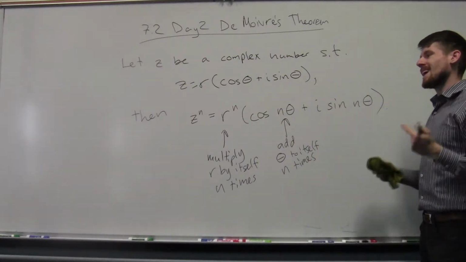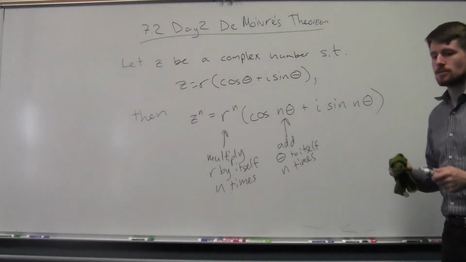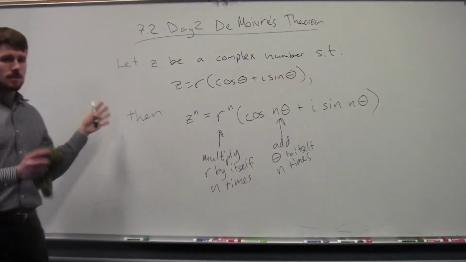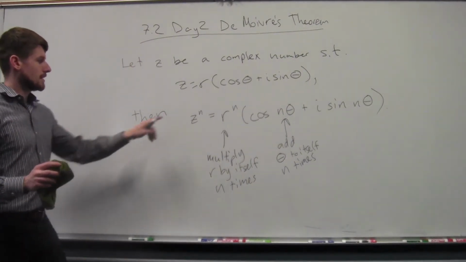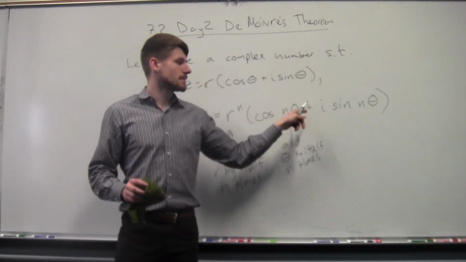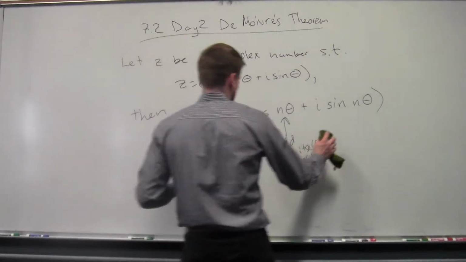But we're just doing that n times. That's all we're doing. So I'm going to try to justify that using the multiplying rule. So there's DeMoivre's theorem in all its glory: z to the n equals r to the n cosine n theta plus I sine n theta. Okay, so where does it come from?